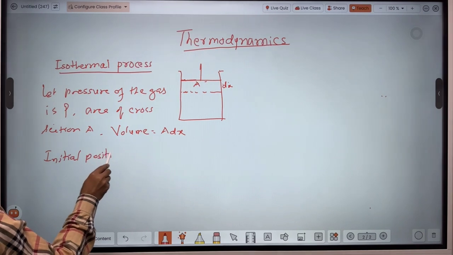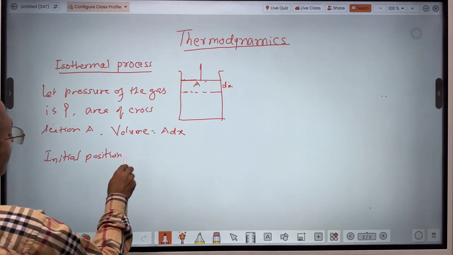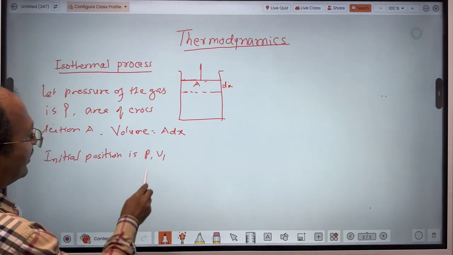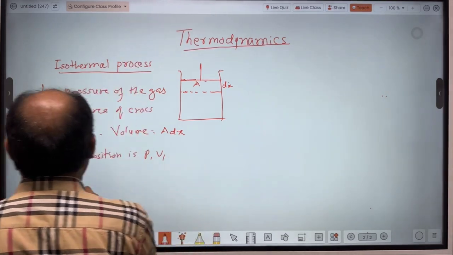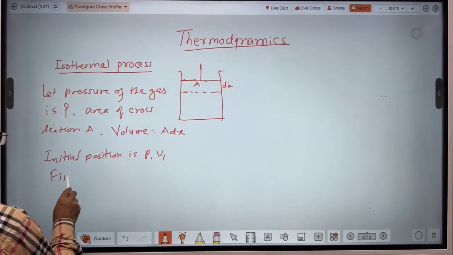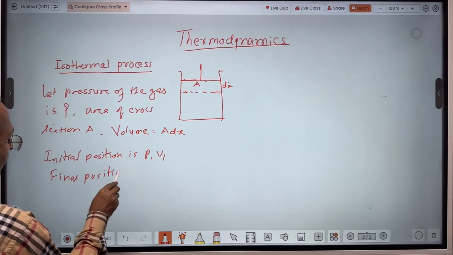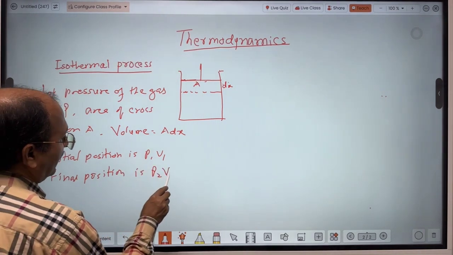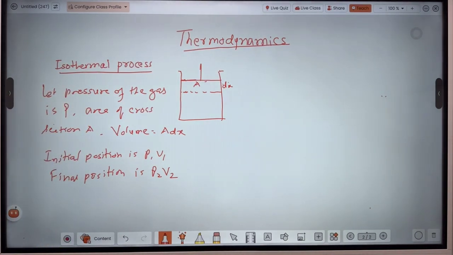So the initial position is P1 V1. It means initial pressure is P1 and volume is V1, and the final position is P2 V2, right? So it means volume is changing, pressure is also changing. So we have to find out the work done.